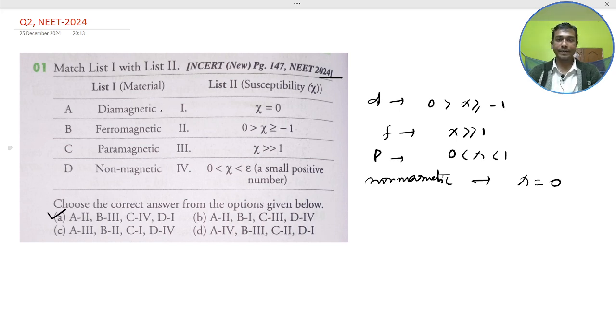So diamagnetic matches 2, this relation. For ferromagnetic, greater than 1, so B would become 3.